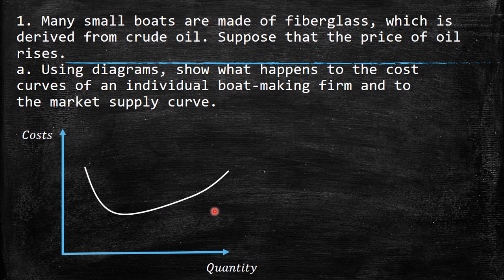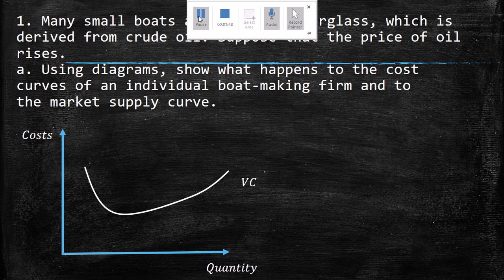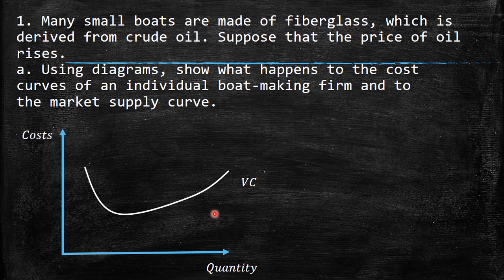Now, what about the curves? Remember, the first curve that we're going to talk about here is the variable cost. Actually here it is the average variable cost. So this represents on average how much is the cost that you need to pay for producing one unit.